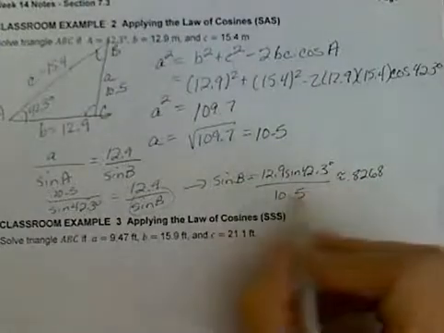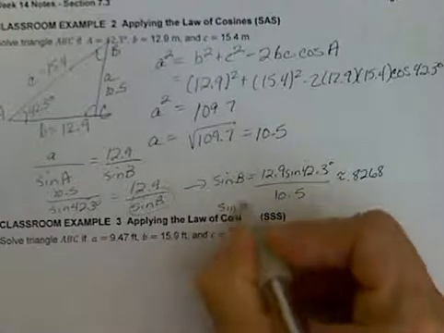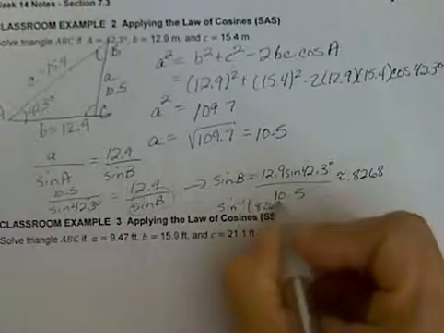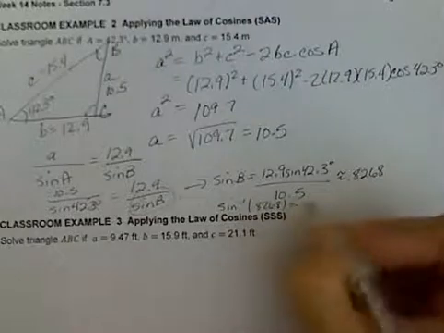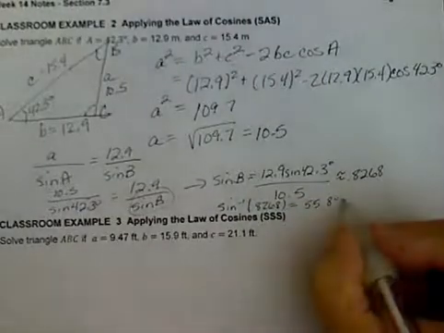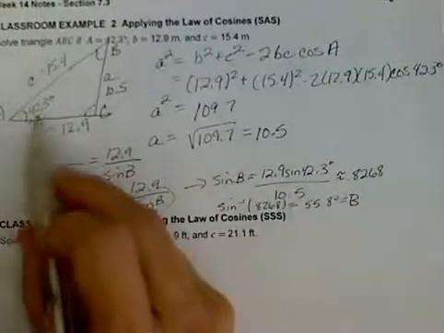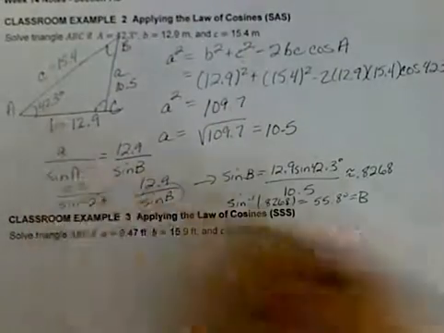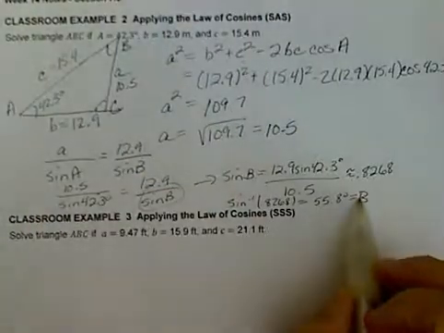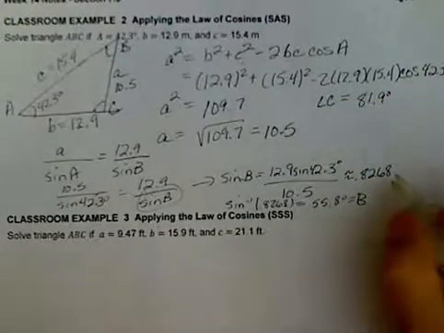Then I would use the inverse sine to find angle B. The inverse sine of 0.8268 with my calculator in degree mode is going to give me 55.8 degrees. That's my angle B. Now that I've got B, I also have A. Now I just have to add those two together and subtract from 180 to get angle C. That gives me angle C is 81.9 degrees.